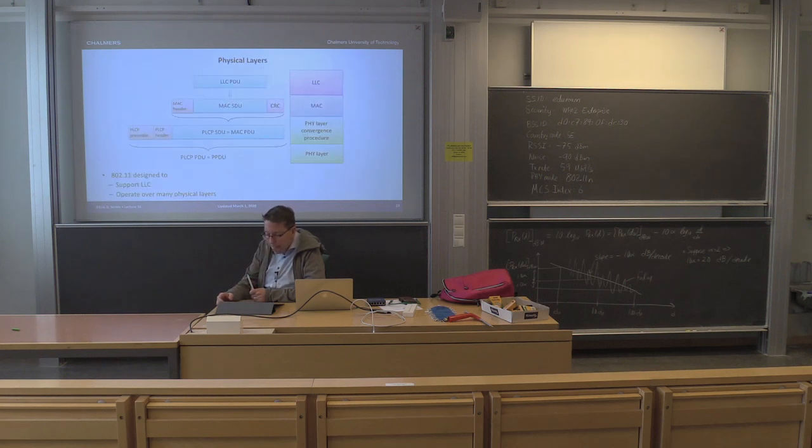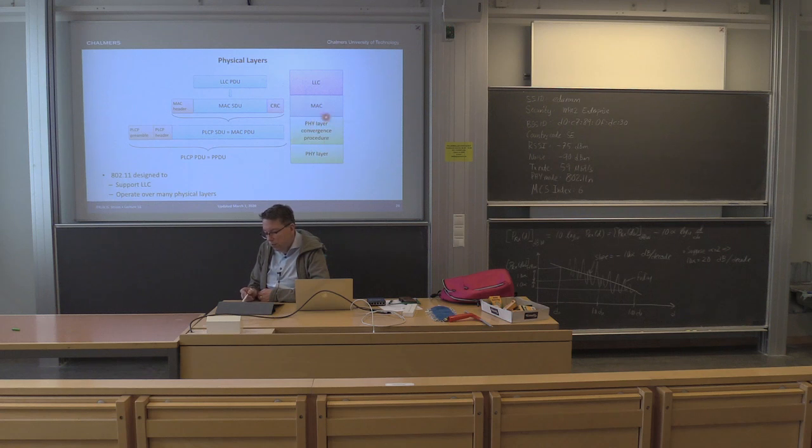Okay, physical layers then. So remember that we had the link layer, LLC, logical link control layer, and then we have the MAC layer, and then we have the physical layer. So we have many physical layers actually under .11. I don't know, 5 different maybe. So actually there are 2 steps in this physical layer.